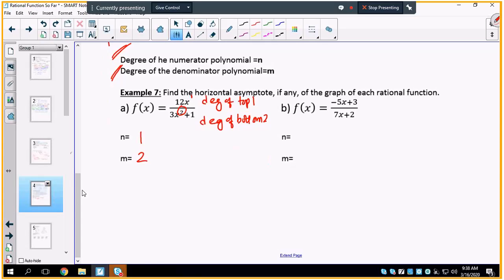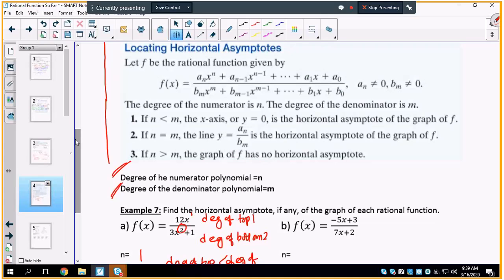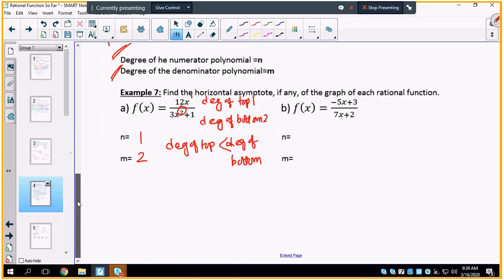So what is that relationship? Degree of the top being 1 is less than degree of the bottom. And if you recall the rules, it says if degree of the top is less than degree of the bottom, then y equal to 0, the x-axis, is the horizontal asymptote. So I will say that the horizontal asymptote is given by y equal to 0, the straight line, the x-axis.